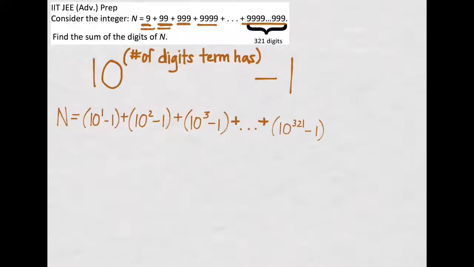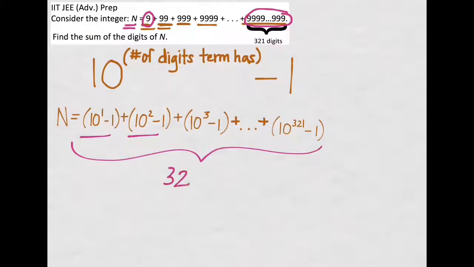Looking back at the original expression for n at the top, we can see that it had 321 terms. So this was the first, and this was the 321st. Similarly, when we rewrote n like this, it still has 321 terms, and each term consists of minus 1. There's a minus 1 here, minus 1 here, minus 1 here, so on till the last term.